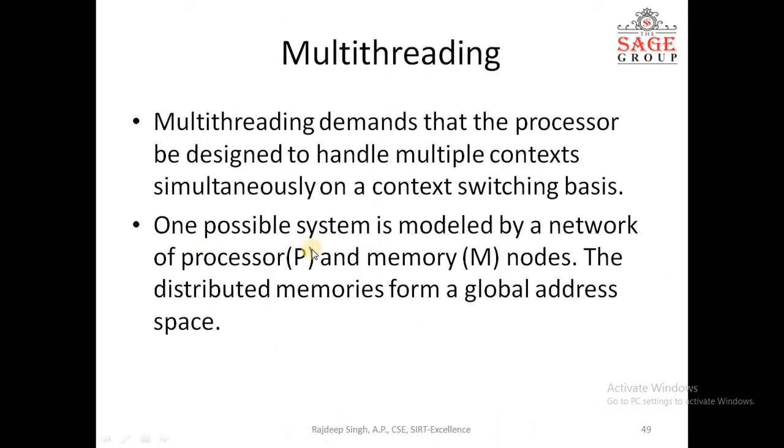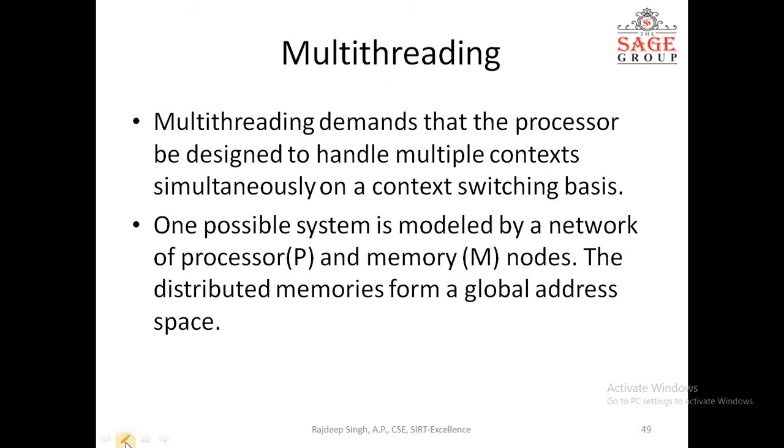Now the next thing which we have to see here is multi-threading. Now what is multi-threading? You have learned this topic in operating systems also. Multi-threading is actually a process which is designed to handle multiple contexts of a program simultaneously on a context switching basis.